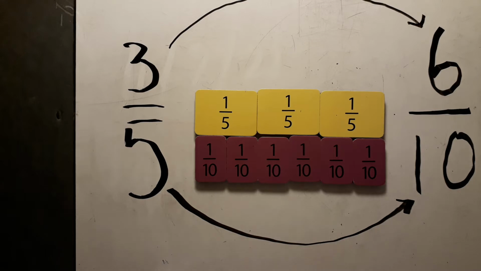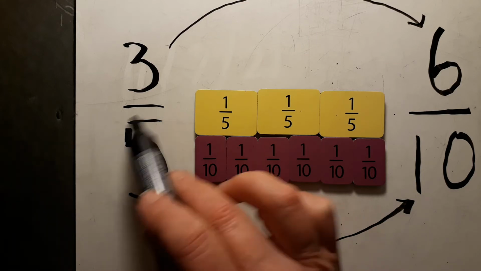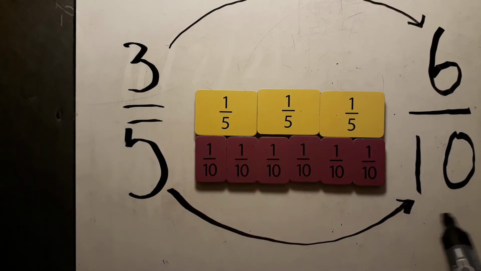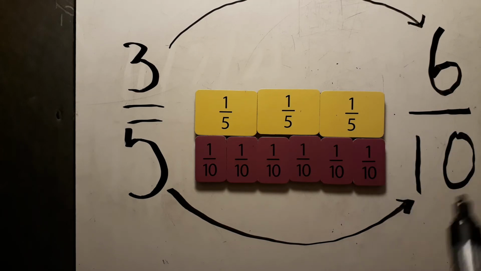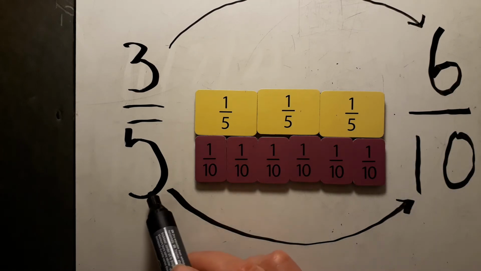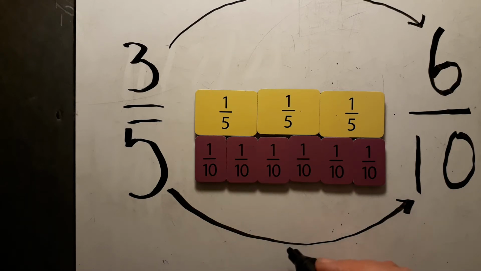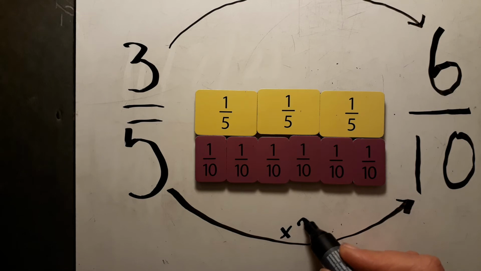If we think about the denominator 5, it's changed to 10 in this equivalent fraction, and the way that 5 has become 10 is by multiplying by 2, because 5 times 2 is 10.